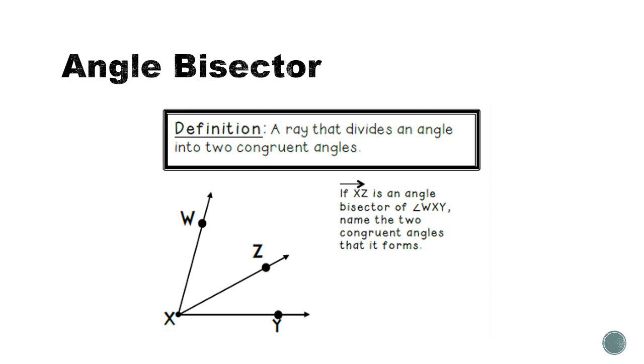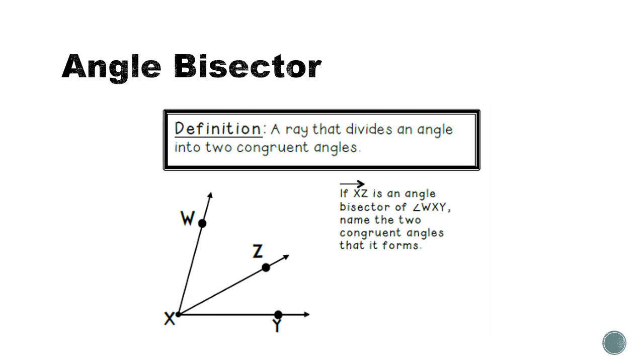And we have the idea of an angle bisector, just like bisecting a segment. By definition, a ray that divides an angle into two congruent angles is an angle bisector. If we look at the picture, anytime you see a single line in a corner, that means they are congruent. You could also see two dashes like this. That's another way of being congruent.